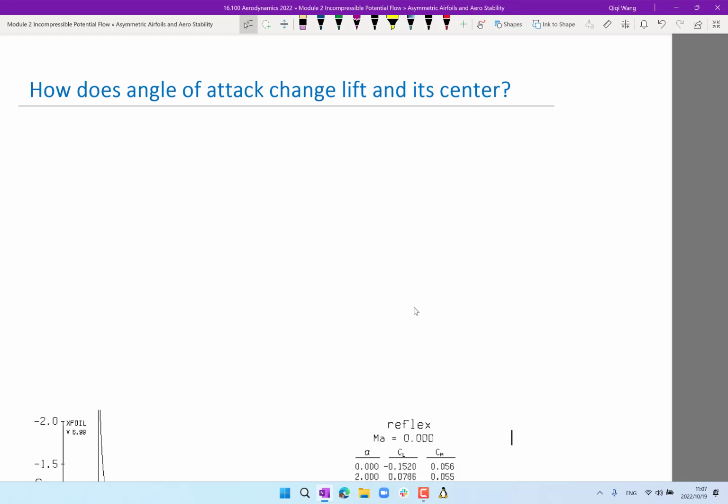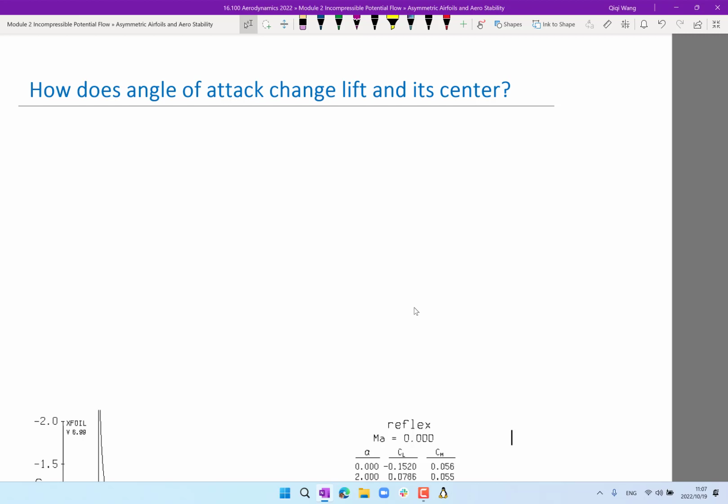Okay. So today, let me start to introduce a way that makes it easier to contemplate the stability of an airplane. That has to do with the introduction of the aerodynamic center, the quarter chord. Right?